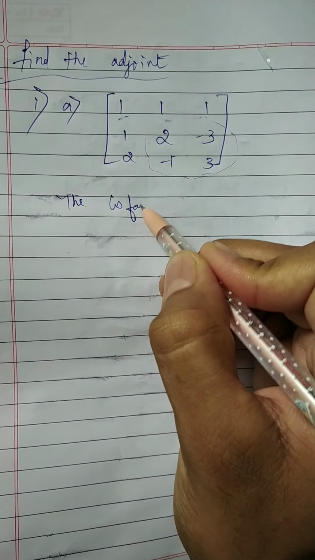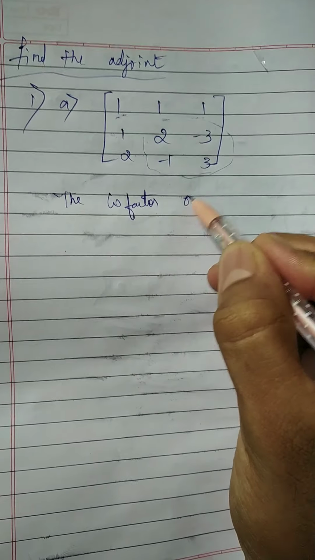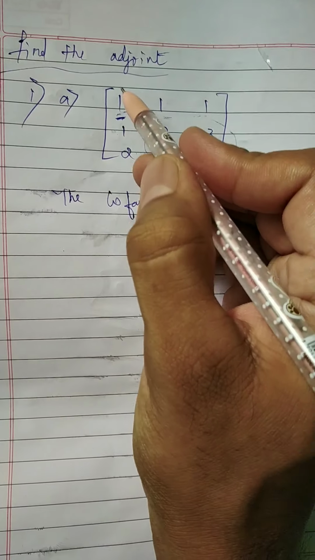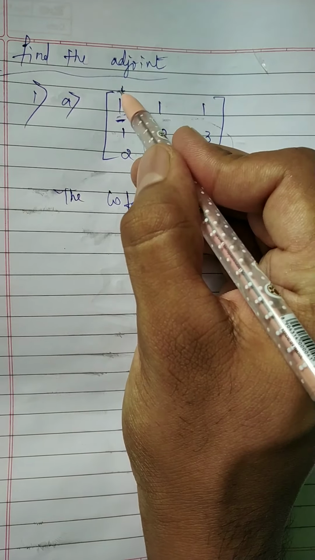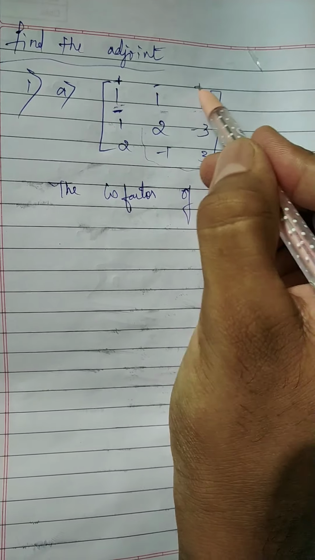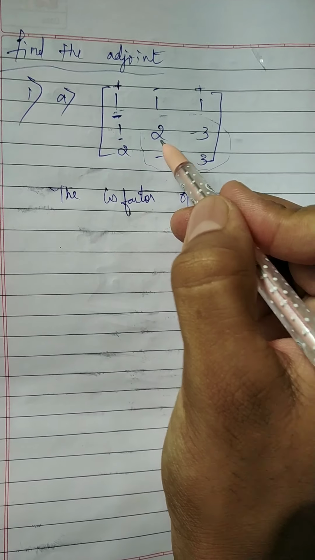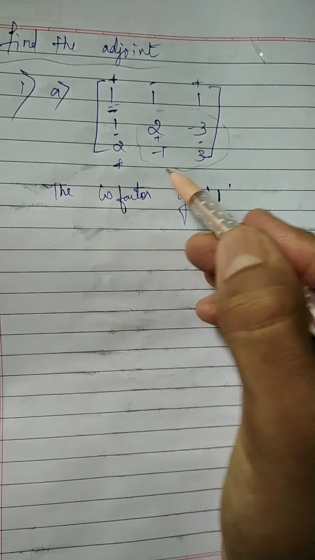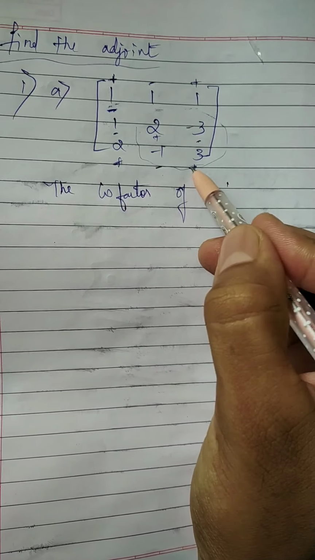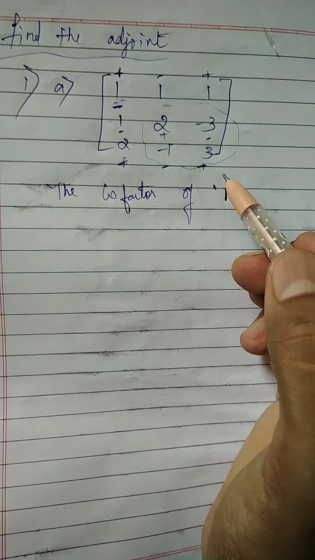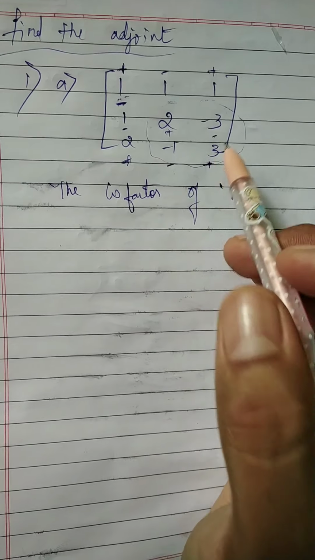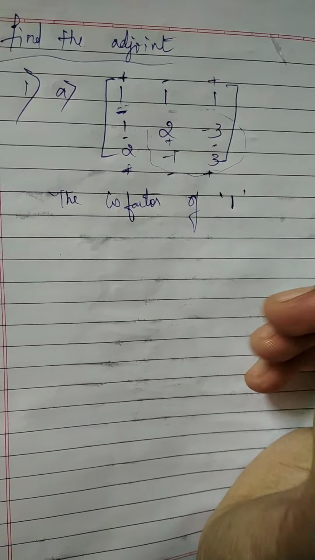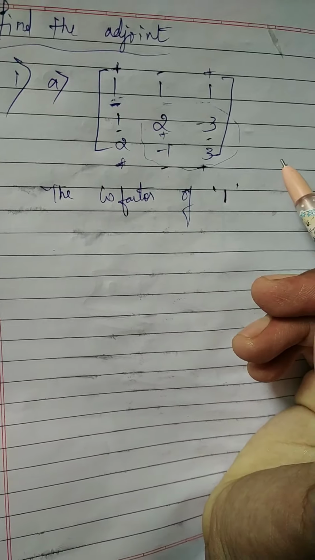The sign for the first is plus, this goes minus, this is plus, this is minus, this is plus, and again minus, this goes plus, this is minus, and this is plus. You check the material, it's clearly available. What are the signs of the matrix for 3x3 or 2x2?